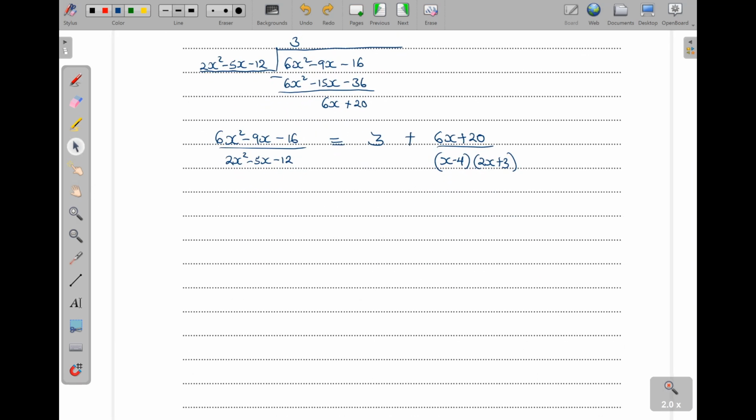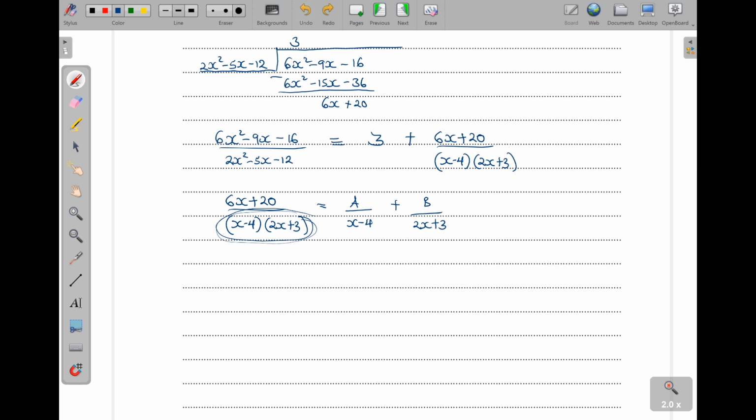So this one here, let me just copy it and put it here. This one is going to be equal to a over x minus 4. We have only linear factors, so plus b over 2x plus 3, okay? Now here, the LCM is going to be this one. This divided by x minus 4, you'll get 2x plus 3, then times the a.